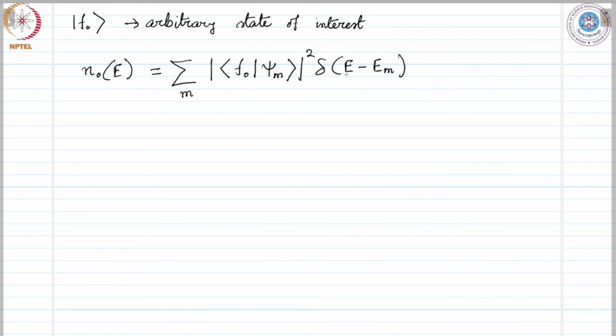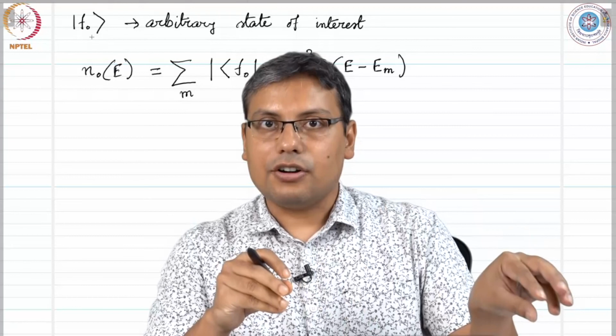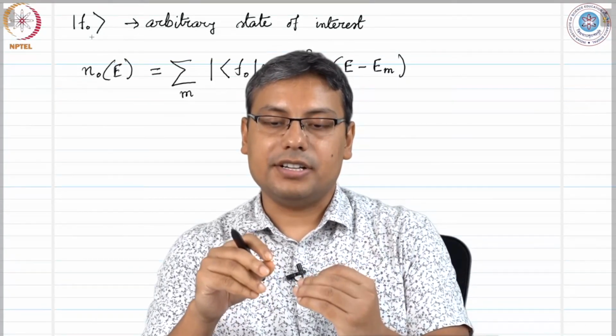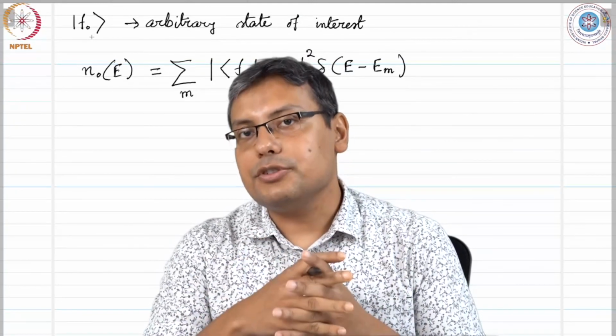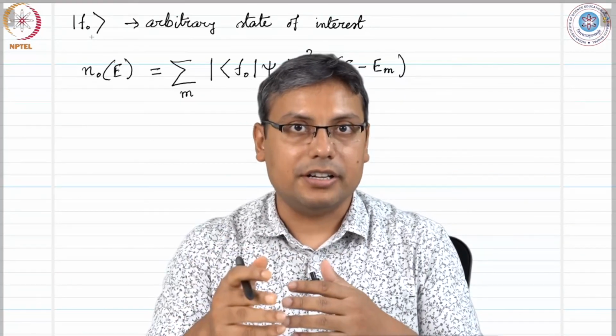So the projected or local density of states gives information uniquely on the spectral region investigated by the orbital F0. That means if we want to find out the contribution of a particular orbital into the density of states at a particular energy, we can perform this projection and see what is the contribution coming from that orbital at that energy.